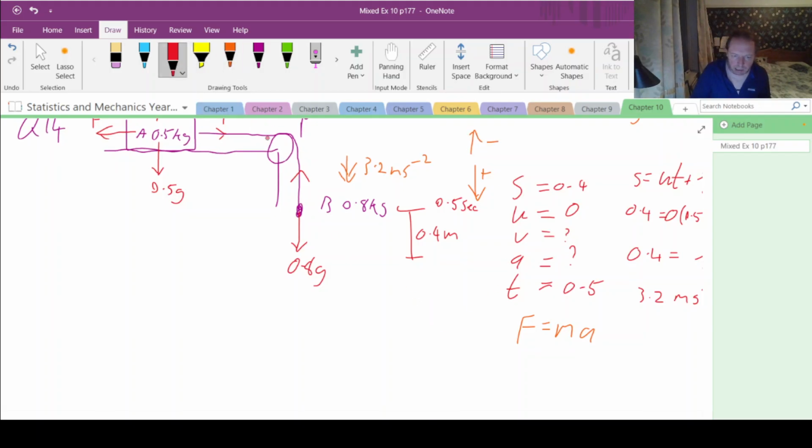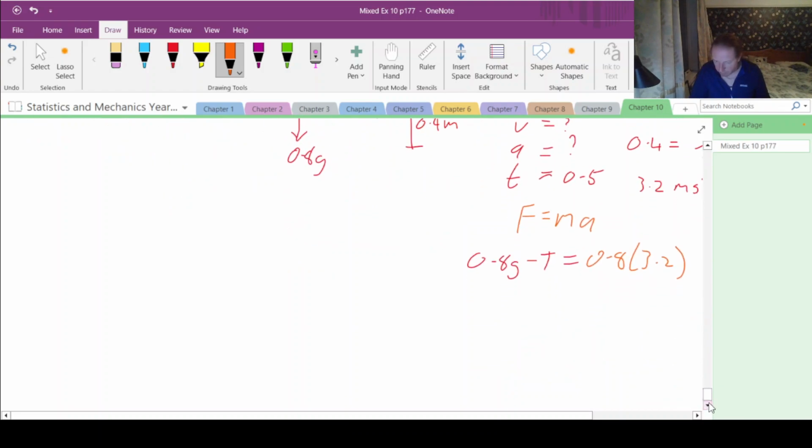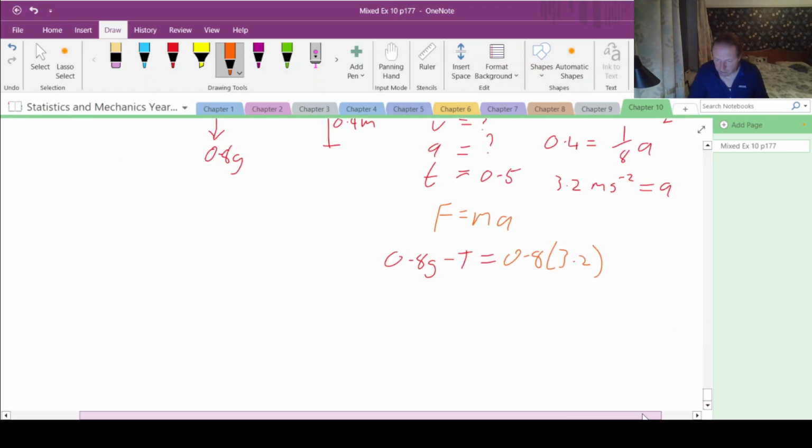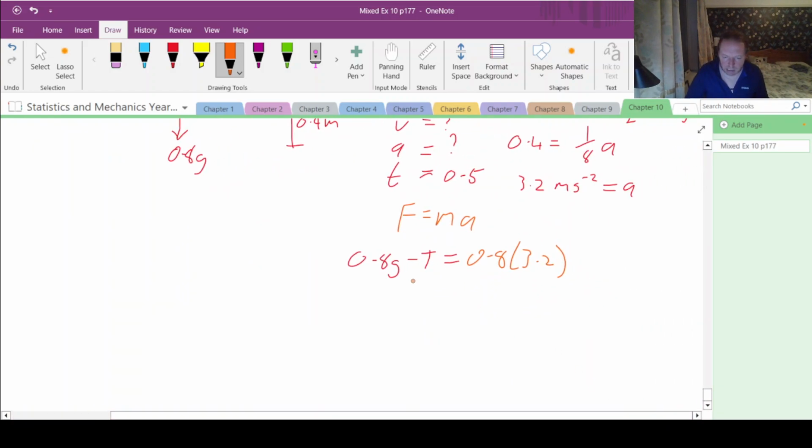So my tension force there is a minus. So I've got 0.8 G, take away my tension, and that will be equal to my mass, which is 0.8, times my acceleration, 3.2. Now I can just solve that for T.